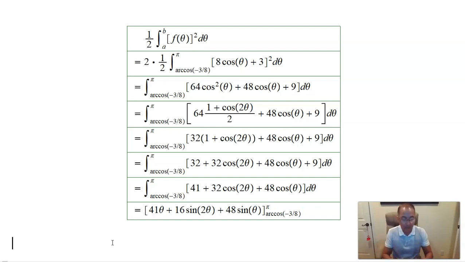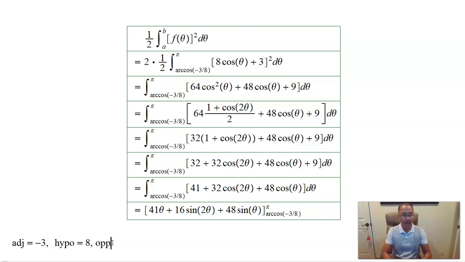We did something like that. So the cosine is minus 3 over 8. So think of it as, what is cosine? It is adjacent over hypotenuse. Okay, so the adjacent is minus 3. The hypotenuse is 8.